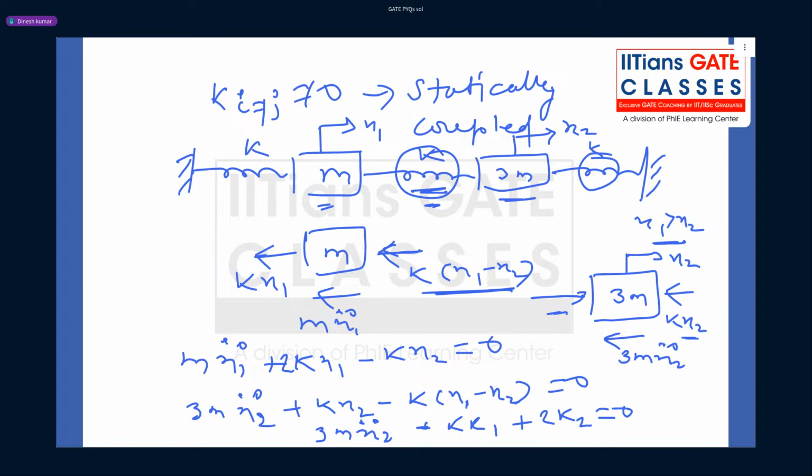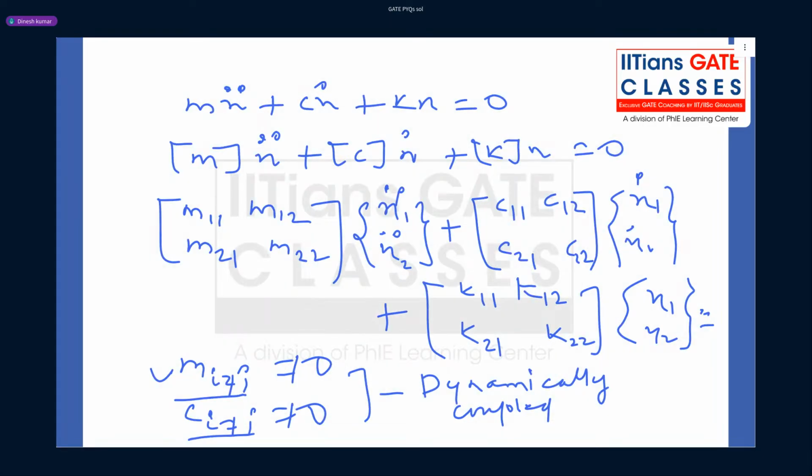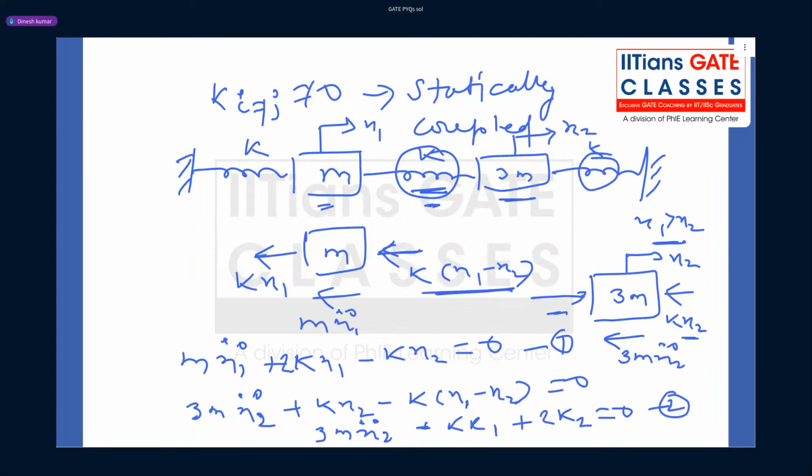Now if you write these two equations in matrix form, your mass matrix will be m, 0, 0, 3m. You can see that the I not equal to j terms are 0 in this matrix, so it is not dynamically coupled.